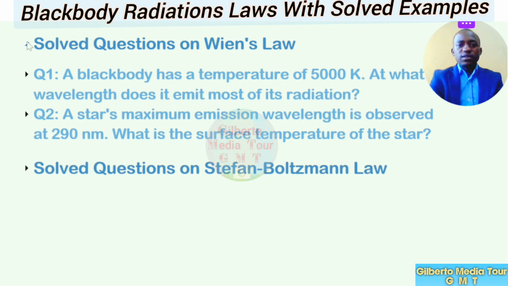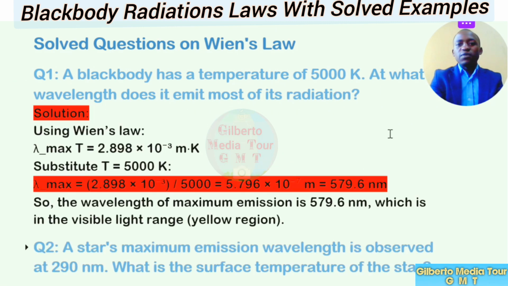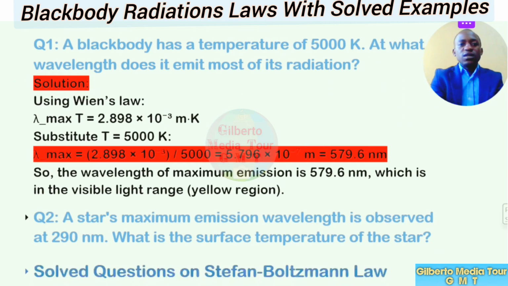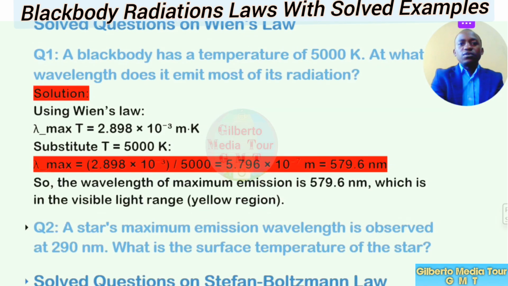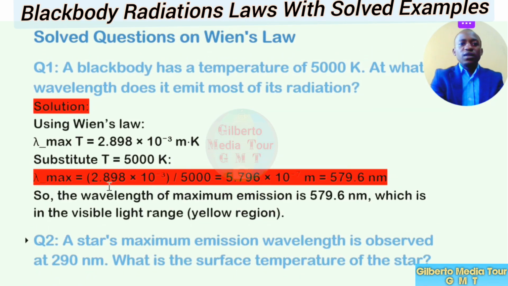Starting with Wien's law, a black body has a temperature of 5000 Kelvin. At what wavelength does it emit most of its radiation? Let's look. We are going to apply the concept from the first law, which is Wien's law.